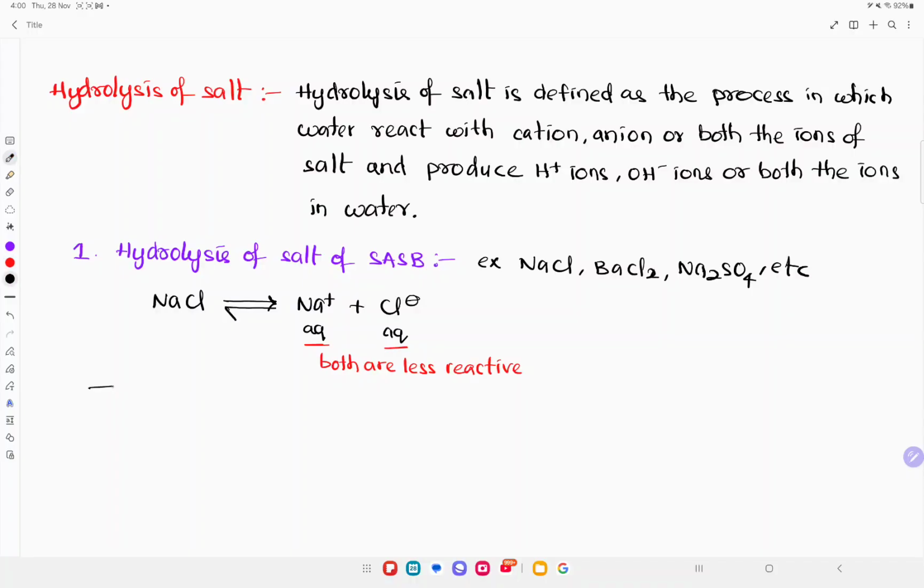So both cation and anion do not undergo hydrolysis.